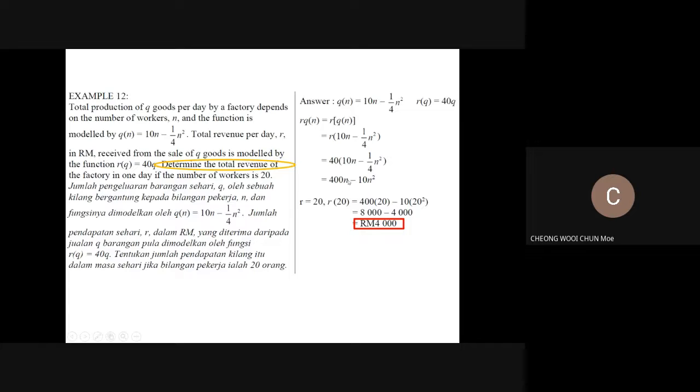Okay, it's not R20, it should be n equals 20, the worker is 20. So 400 times 20 minus 10 times 20 squared. I get from the calculator the answer RM 4,000, because total revenue is in Ringgit Malaysia. So RM 4,000.